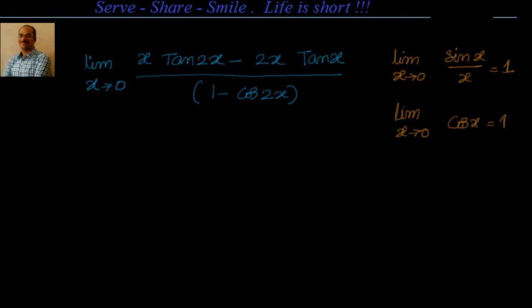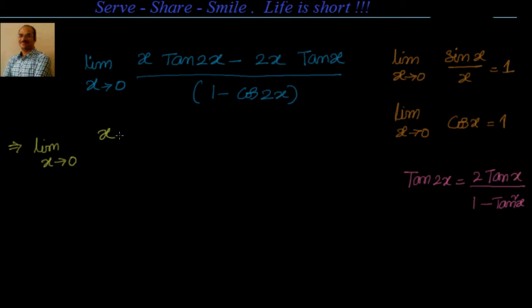Before that, let me write down the formula for tan 2x. Tan 2x is equal to 2 tan x divided by 1 minus tan square x. That we are going to substitute now. The idea is to convert tan into sin and cos.